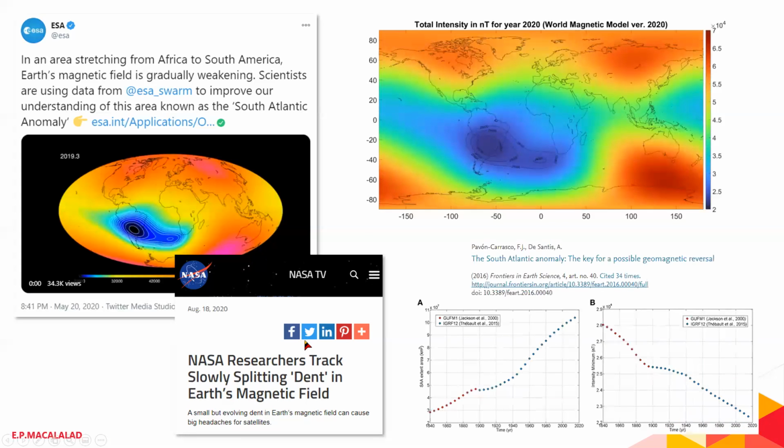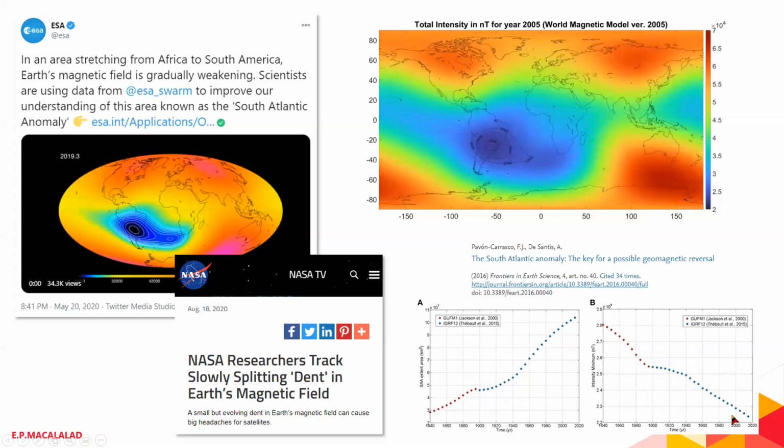This has also been recorded in a recent publication 4 years ago by Pavon, Carrasco, and DeSantis, wherein using some models they showed that throughout time, the South Atlantic anomaly extent area in square kilometers increases. So the South Atlantic anomaly area widens, but the minimum intensity in this area decreases.